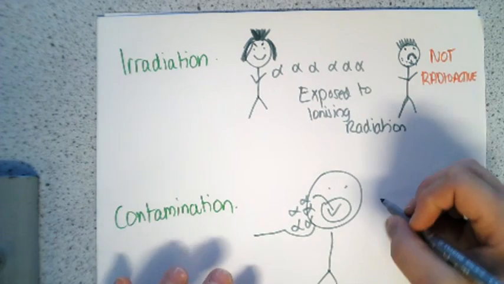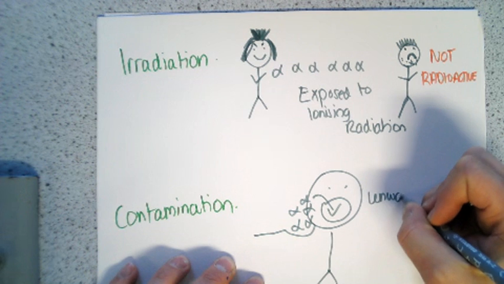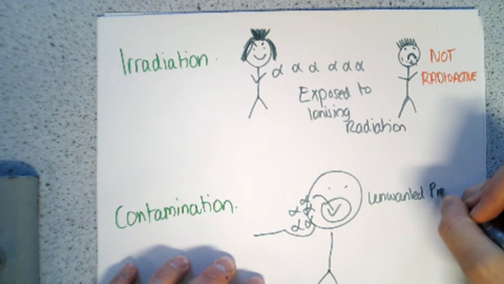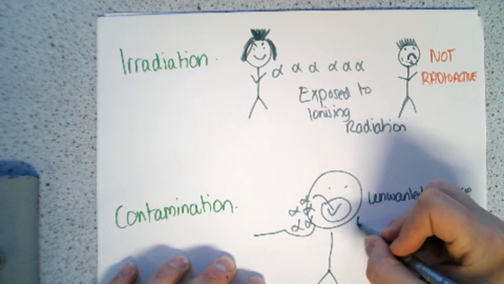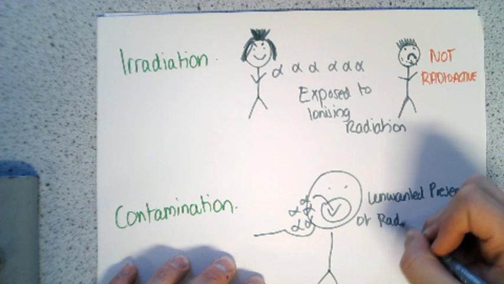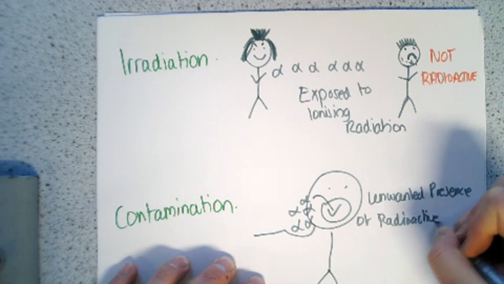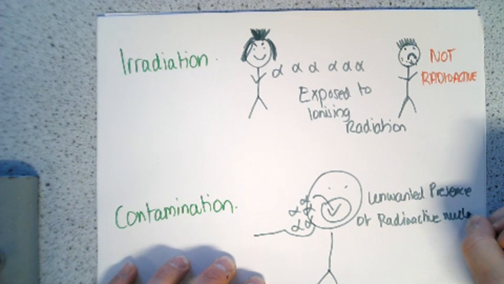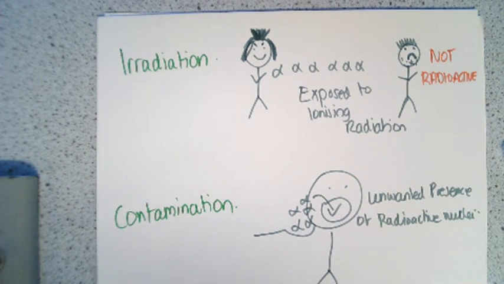So when you've got contamination, it is the unwanted presence of radioactive nuclei. In our case, if you're irradiated, it's like being stood next to a source decaying and emitting alpha, beta, or gamma, and you're exposed to the alpha, beta, or gamma radiation. If you're contaminated, you've actually got the radioactive nuclei on you or in your body.